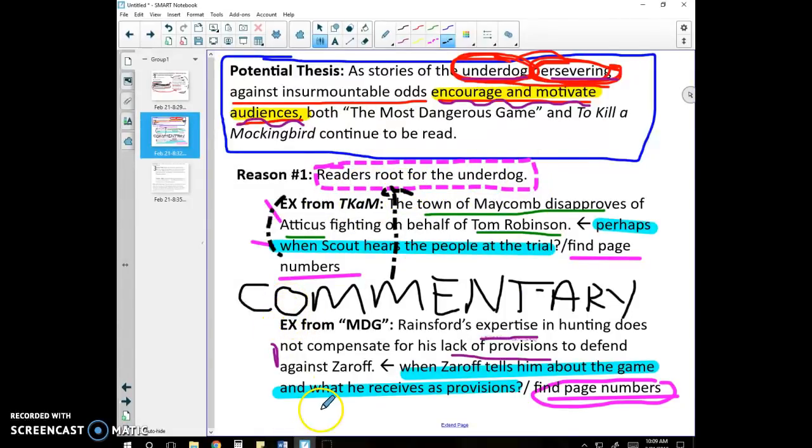Same thing down here. I don't have commentary. I need to explain how this would help us root for the underdog, right? I just know that my topic sentence, or my reason, is going to help me point to my commentary. Now I've got evidence. Okay, now I can work on the commentary.